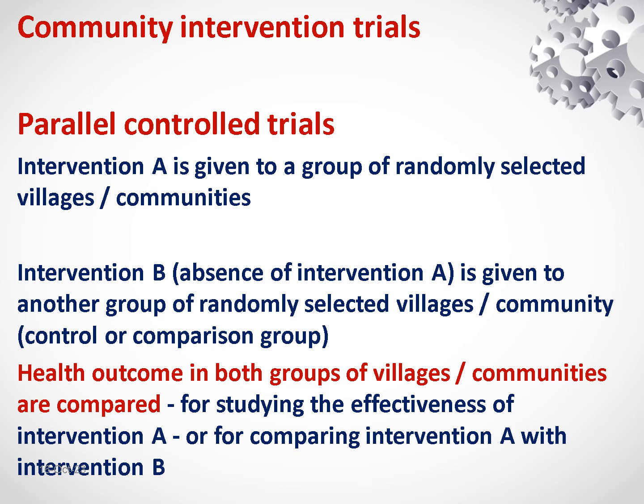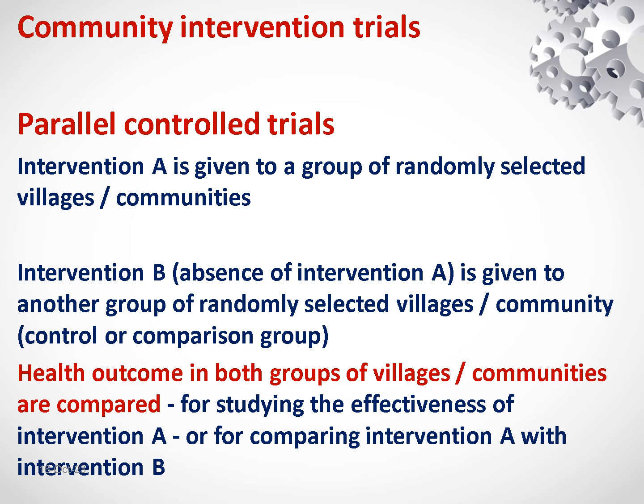If we are studying the effect of vaccination in a group of villages, one group of villages are randomly selected and a vaccination is given. Another group of villages are randomly selected and no vaccination is given.